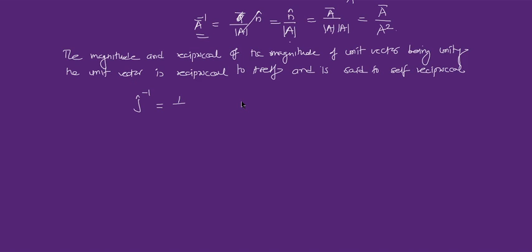And here I can write this as 1 upon modulus j cap into vector j cap divided by its modulus, and therefore it will be modulus j into modulus j, which is 1 into 1, and that's again j cap. So j cap inverse is equal to j cap, and that can also be shown for i cap inverse equal to i cap, and k cap inverse equal to k cap. So unit vectors are reciprocal of themselves.